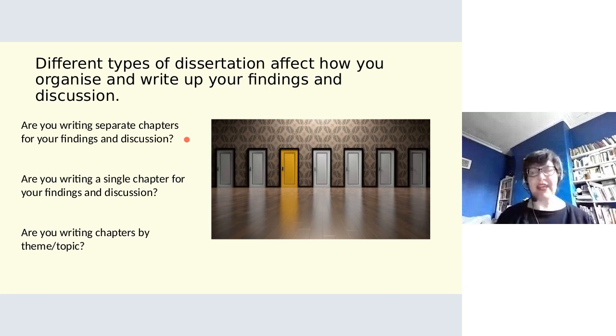And in each of those chapters, you will discuss more literature and also what you found out. So I can see already that there's a little bit of a mixture going on amongst you. That's great. And we'll make sure we refer to each of those styles as we go along.